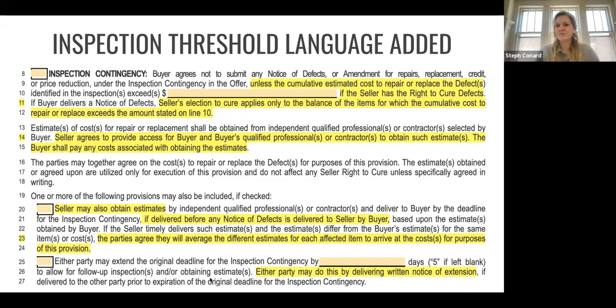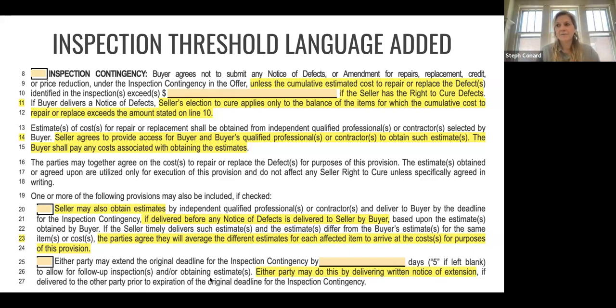Otherwise, the alternative is for buyers to write offers without inspection contingencies, which is just extremely dangerous, and that's a little dramatic. It's just not ideal. Having an inspection just protects all parties.